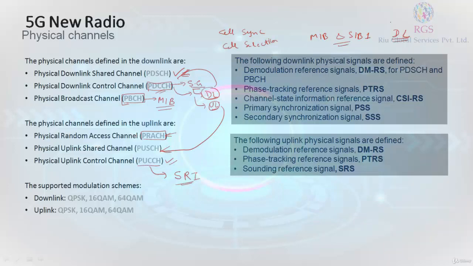So whenever you are reading the system information or broadcast information, that means everything is happening in the downlink direction, wherein the network is not even aware whether the user has selected him or not. So physical random access channel is the first uplink channel which the UE is going to use in order to get access on the network.